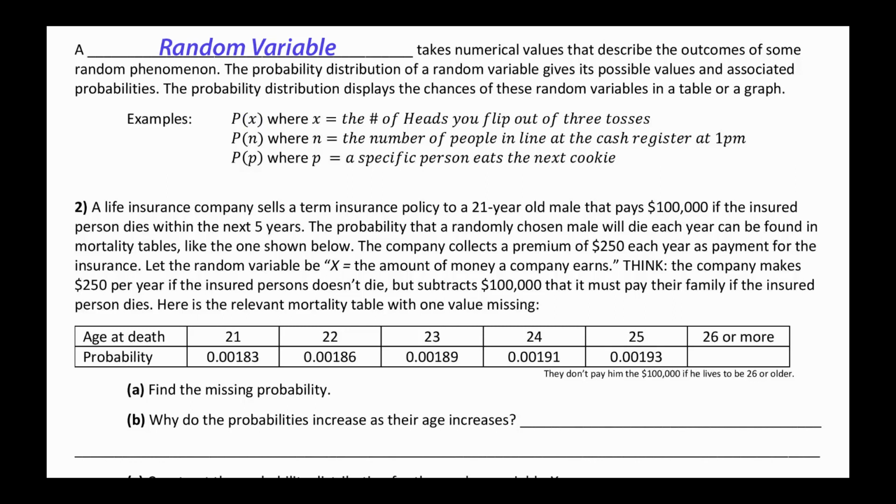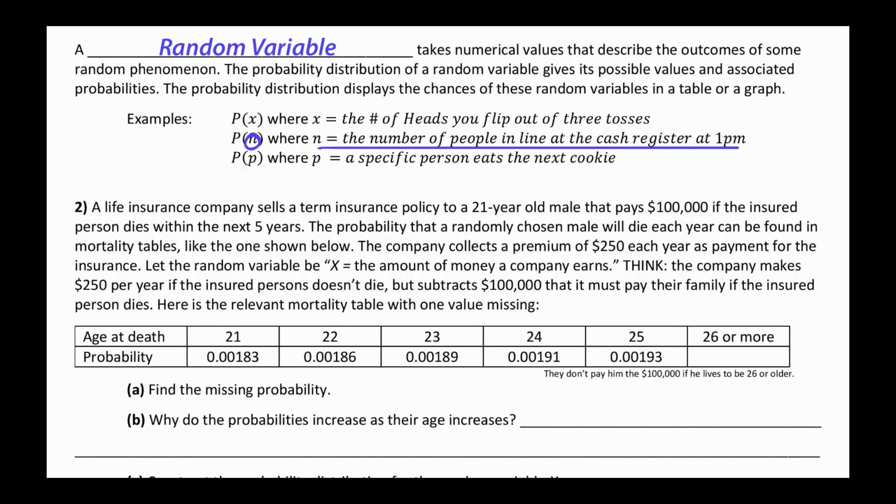Another example would be like the number of people in line at a cash register at 1 p.m. We could have 0 people. Maybe we could have 1 person or 2 people, or maybe we could have 22 people if it's a really busy day. So that variable could change, but this idea in here is one idea.